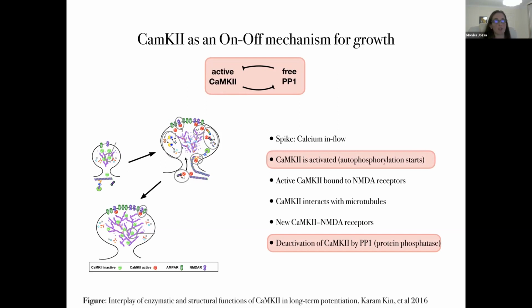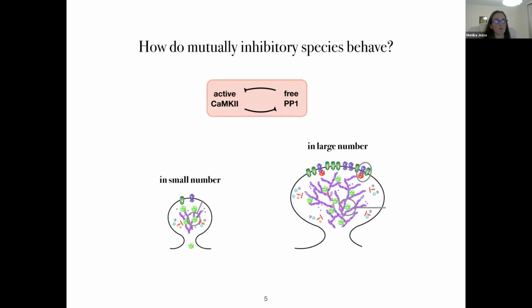So we had this more general question: how does a system with two mutually inhibiting species behave? And more interestingly, how does it behave when there is a small number of molecules present and when there is a large number of molecules present?